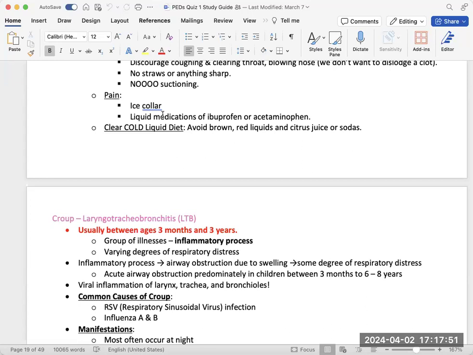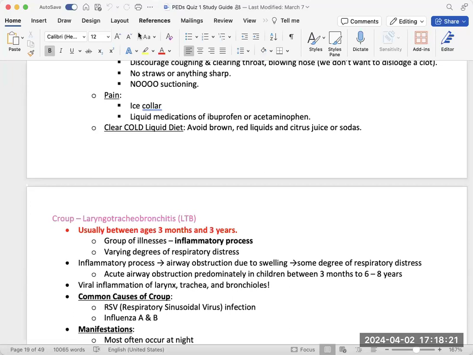We also have a clear cold liquid diet, so we want to avoid anything that's brown, red. And why would we want to avoid liquids of that color? Because they're at risk for bleeding. So if they're going to drink a red Gatorade or have a red icy, I might think they're bleeding if they start to drool in their sleep or something, or just see it coming from the side of their mouth.